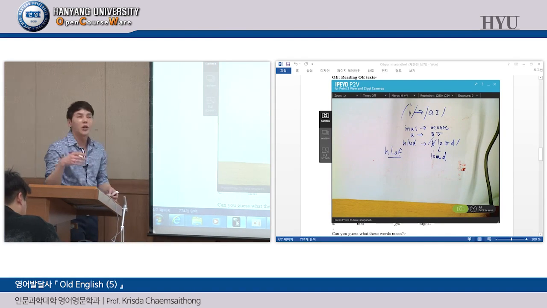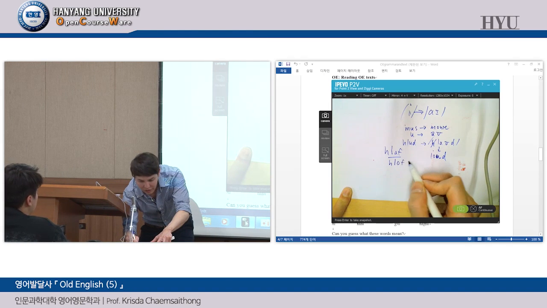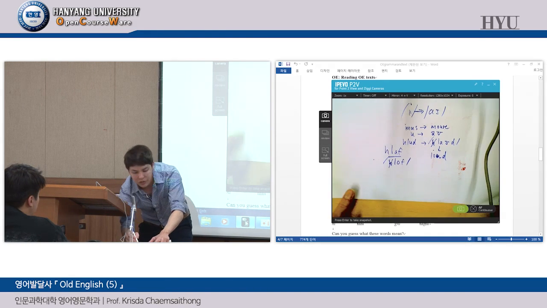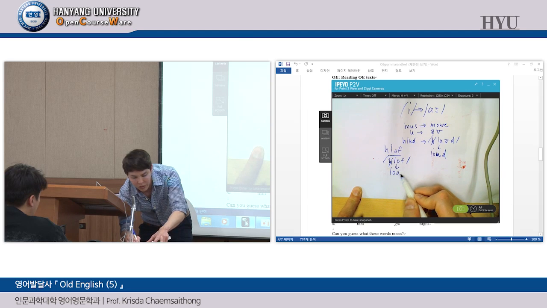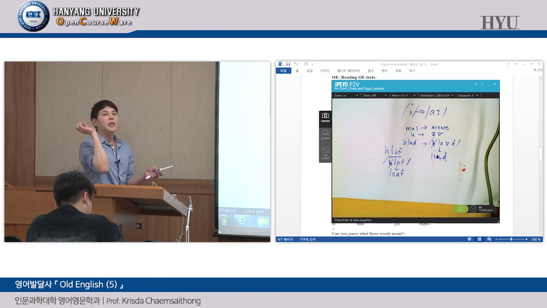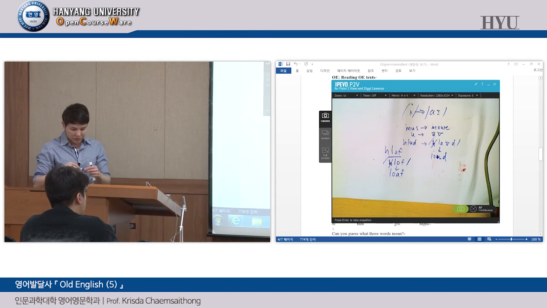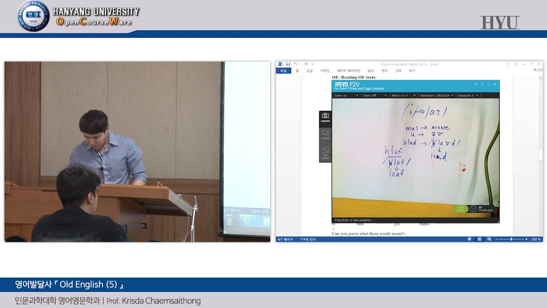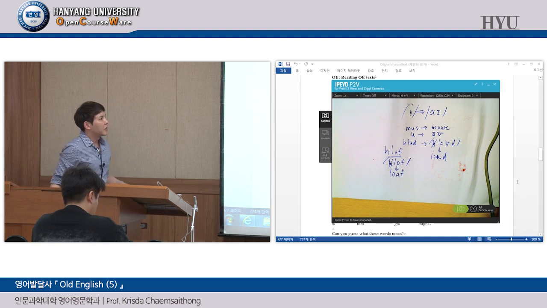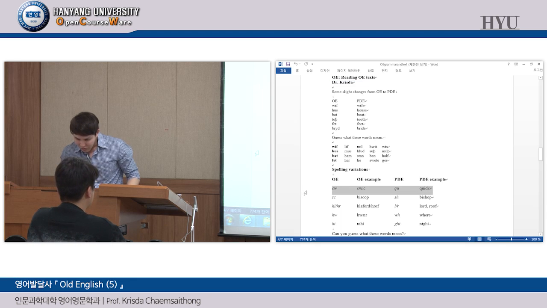Hlaf goes to loaf, which means that H is dropped. So in spelling, it's L-O-A-F, loaf, loaf of bread. Remember, the wife ate the bread, the loaf, and so on. This one should be hlaf, which means loaf. Okay, so far so good.